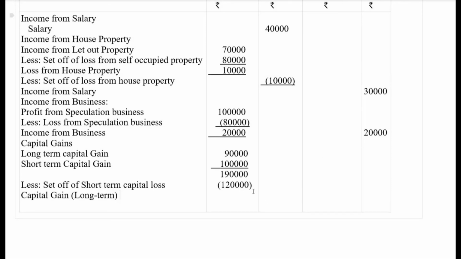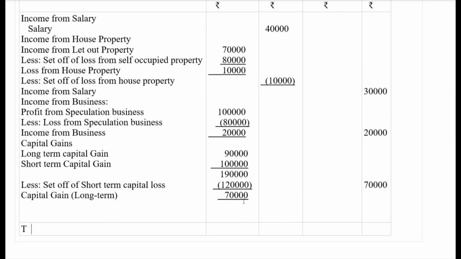When it is underlined here, the difference we arrive at is rupees 70,000. This is also underlined. So this 70,000 is taken to here.